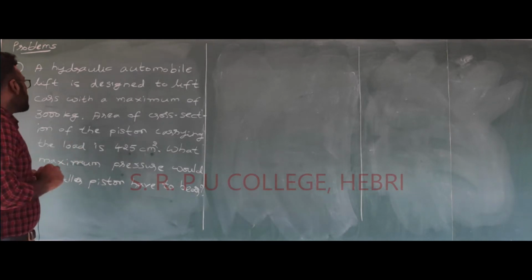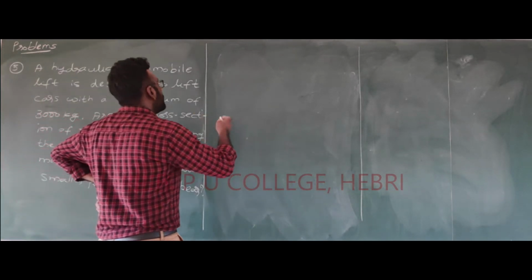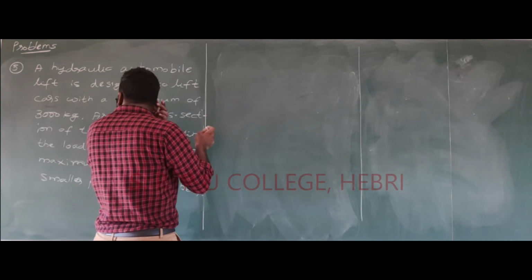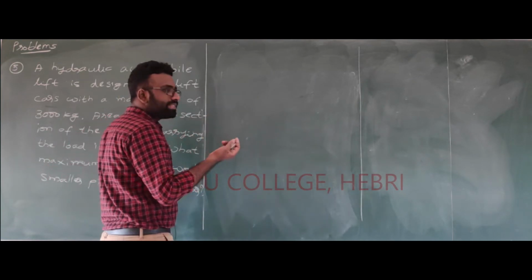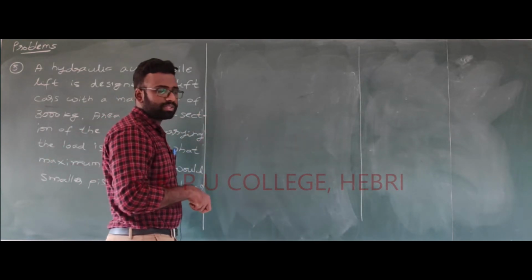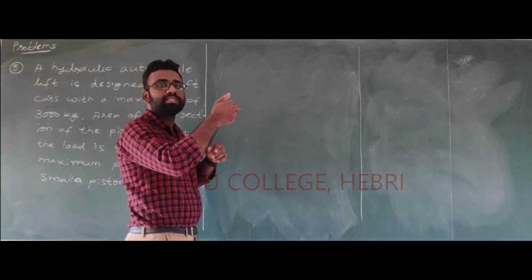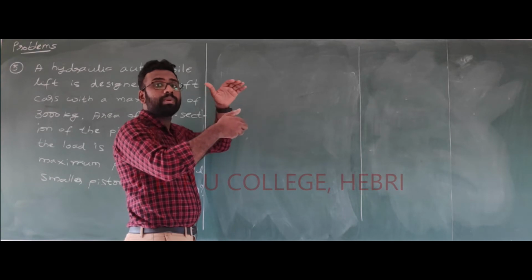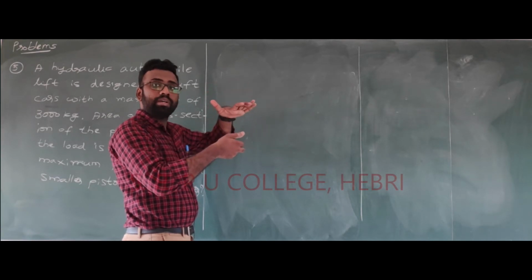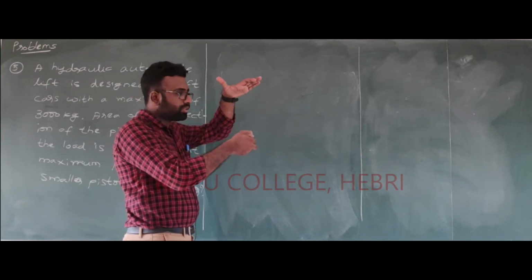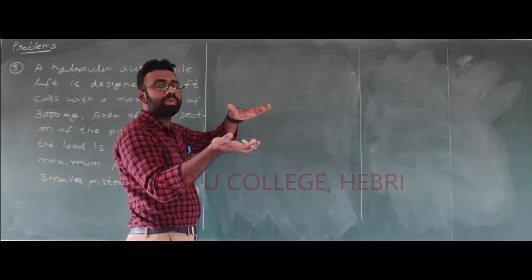So you are given a hydraulic lift. It has one smaller piston as well as a larger piston. The larger piston will be carrying the vehicles, and the smaller piston is the one on which the force will be exerted. Here the vehicle will be lifted.